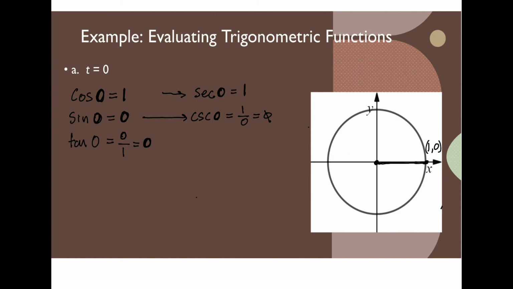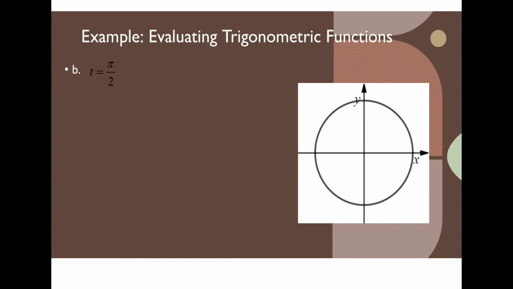So we say that the cosecant is undefined, and we also run into the problem with cotangent as well. The cotangent of 0 would also be 1 over 0, which is not allowed, so we'd say it's undefined. Remember that 0 with a line through it is not 0. It's the empty set. It means this cannot be done.